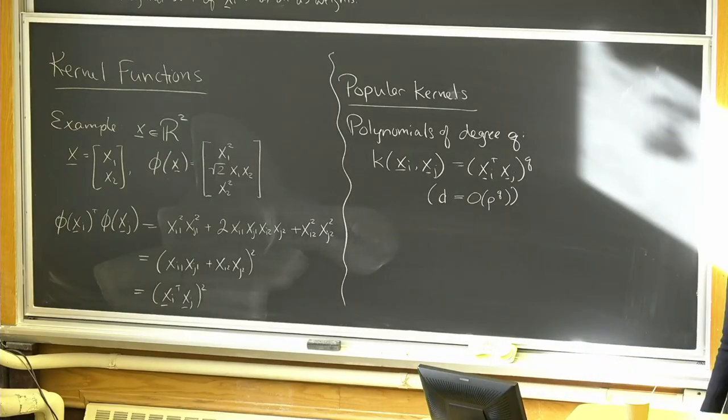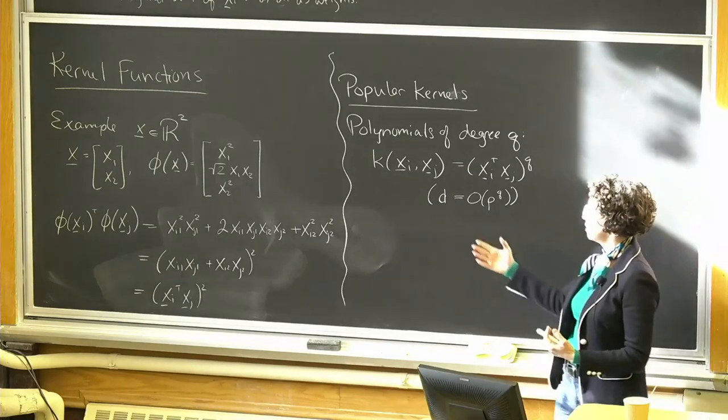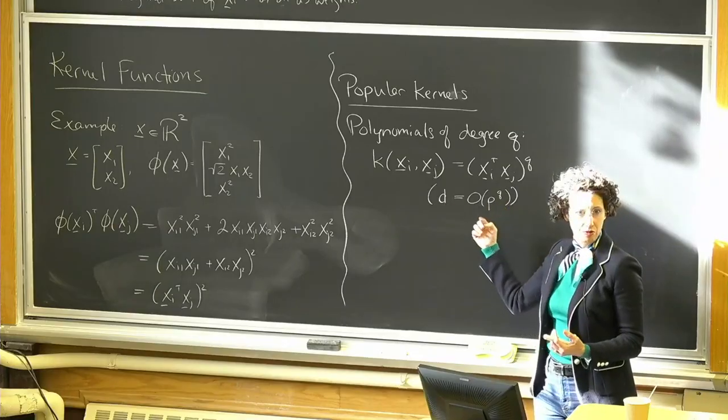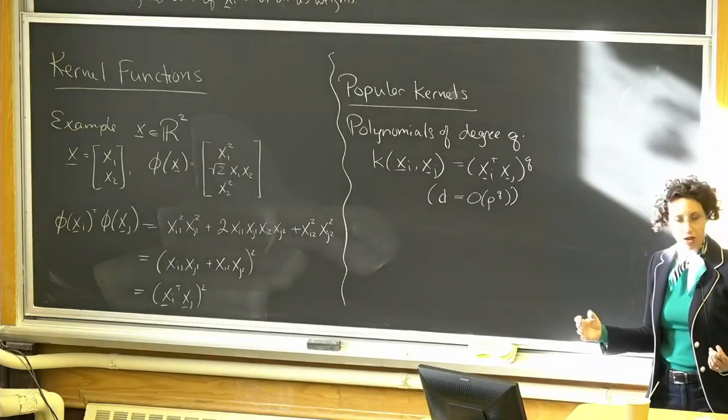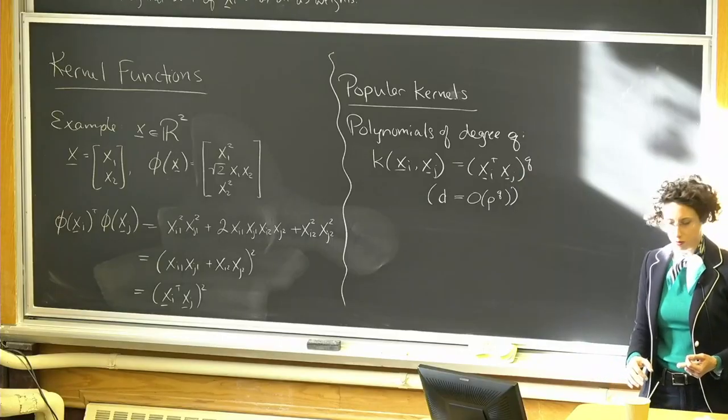So if my feature vectors were 100-dimensional and I was going to do a cubic polynomial, then the implicit dimension of the phi vector would be 100 cubed. It would be very high dimensional, but I only ever have to compute inner products in my 100-dimensional space.